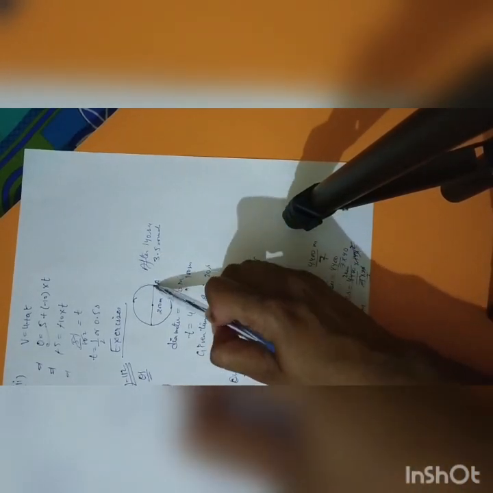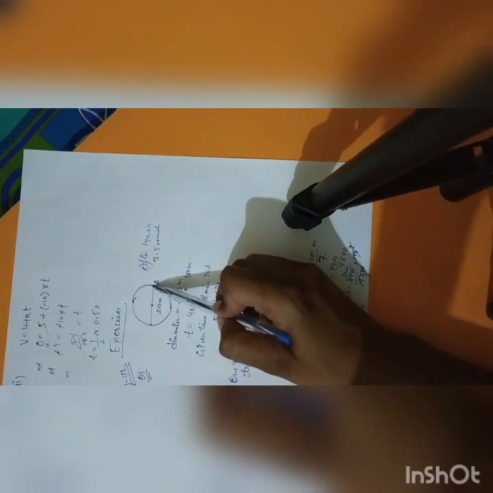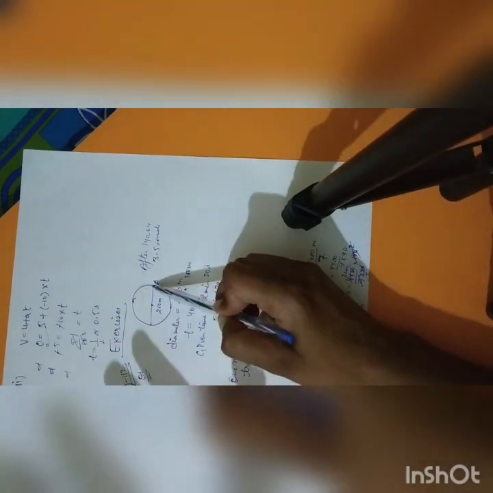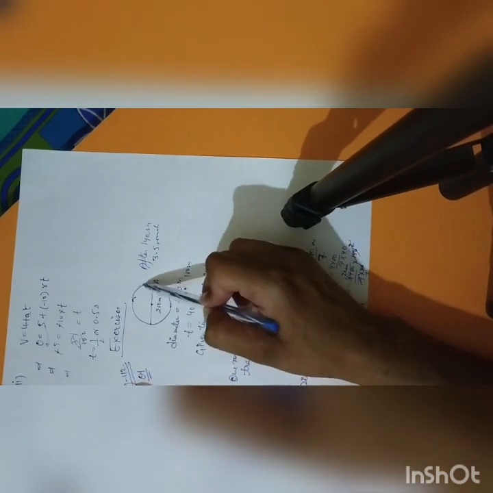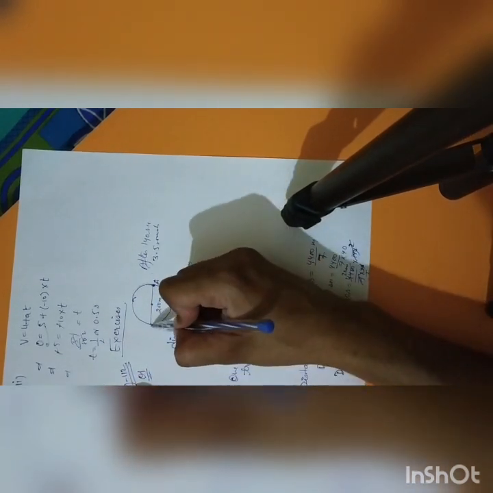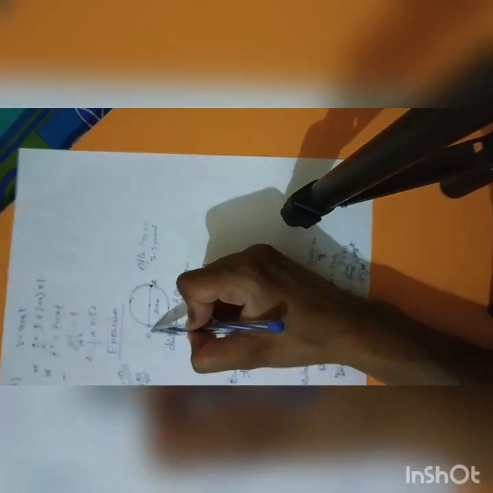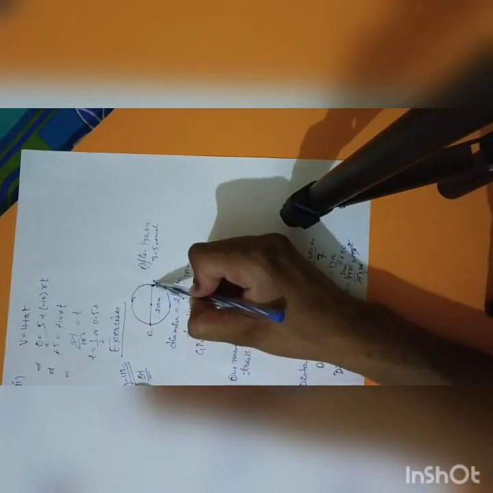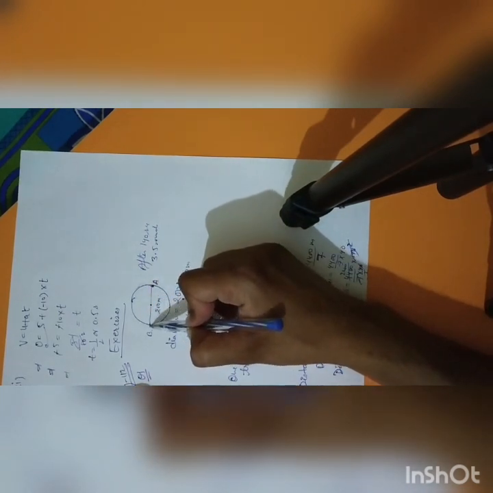So if an athlete starts from A, it will cover one round, second round, third round, and one more half round. So after completion of 3.5 rounds, the athlete will be at position B. It started from position A, and after completion of 140 seconds or 3.5 rounds, it will be at position B.